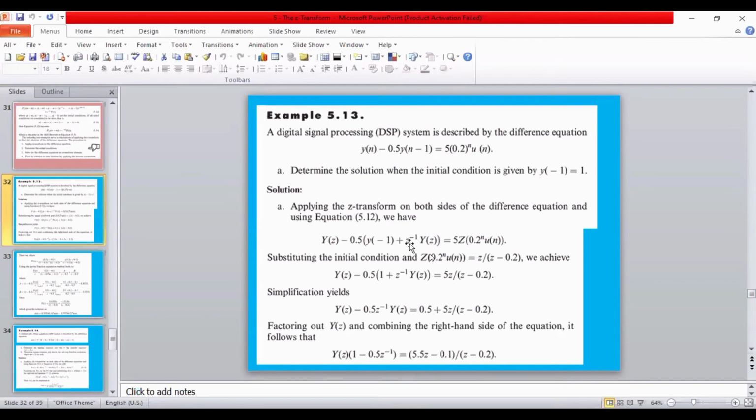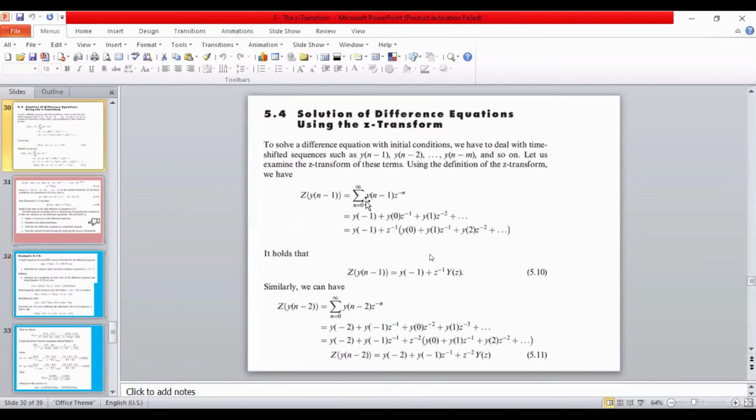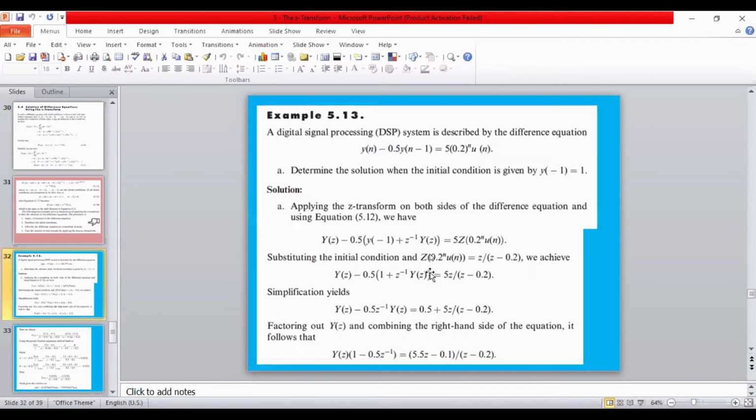But be careful, don't lose the initial condition. Sometimes it's tempting to write only this and forget about this, but we have to use the initial condition because that's what our procedure tells us here. Look at this part, and you will see what I mean. Don't lose this one. It's a common mistake that students make. They just forget about the initial condition. It's still there.